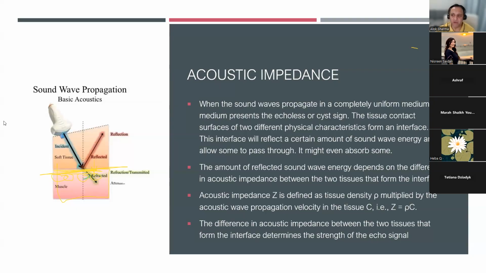Now, a very important concept. Let's assume that you have bone. Now we have skin, you have soft tissue, and then you have ribs, and this is muscle in between. Ribs are bone, high density.